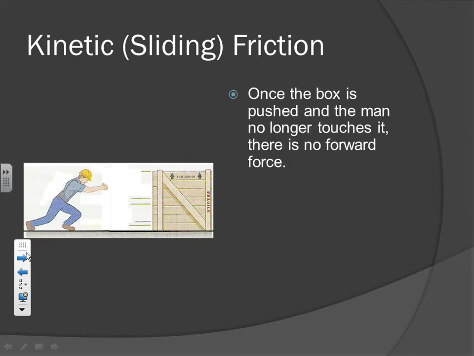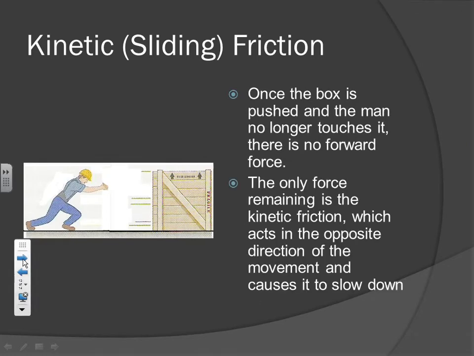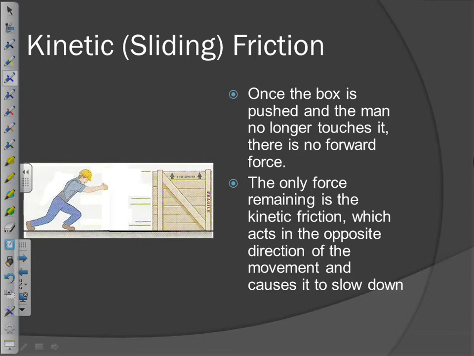But once we get here, is there still a frictional force? Yeah. Acting in this direction. But is there a forwards force anymore? No. So if something's moving forward, but friction is pulling it back the other direction, what's it going to do? First it has to slow down, right? And then it eventually stops.